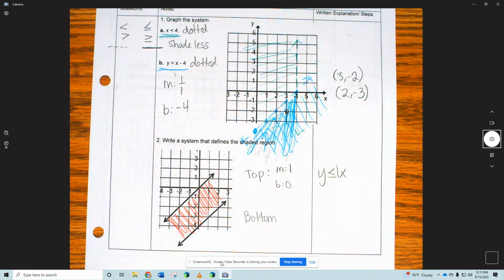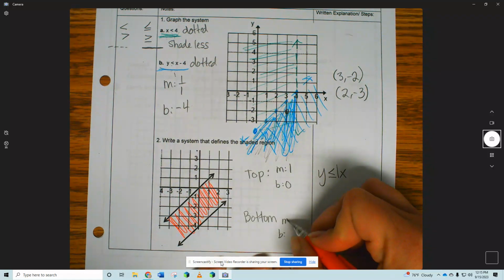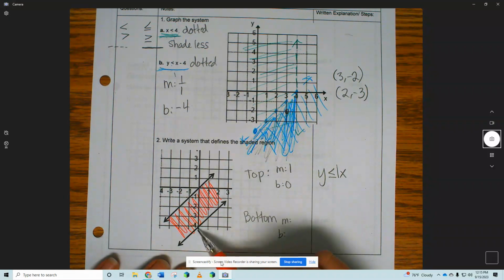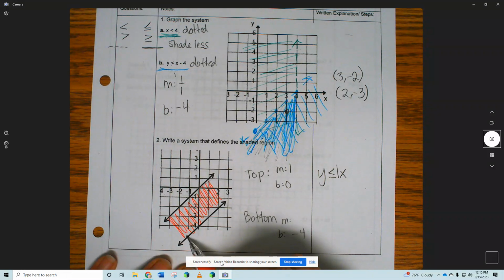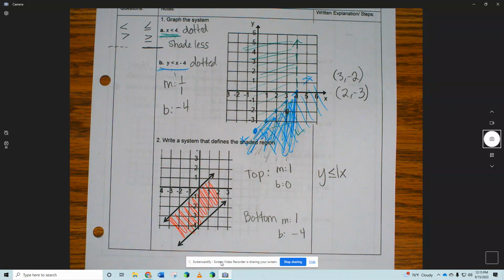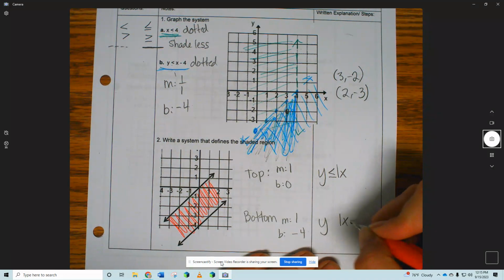The equation for the bottom line, find the slope and find the y-intercept. The y-intercept is obviously -4. The slope is also 1/1. Okay. Y is something 1x minus 4.